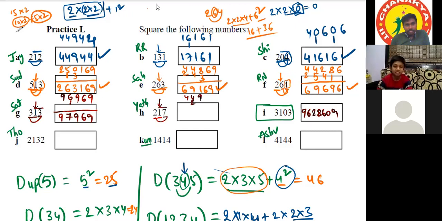Sir, then 17, sir. 2 into 1 into 7, sir, 14, sir. Okay. Last 7 duplex, sir, 7 square is 49. Sir, so final answer will be 4, 6, sir, 7, 0.